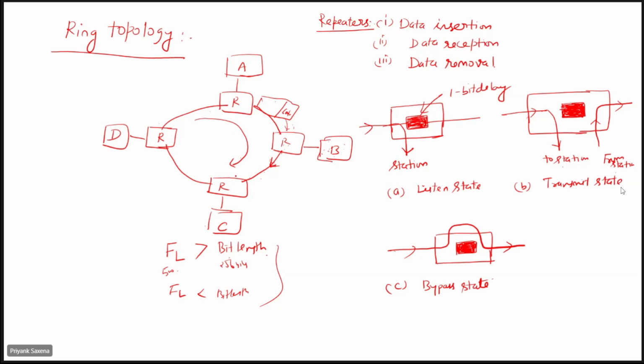Fault detection, fault isolation and recovery are simpler, because suppose two stations are given the same address, in case of a ring it can easily be identified, but in a bus or a tree topology, if two stations are accidentally assigned the same address, there is no easy solution to find out where the duplicate address is.